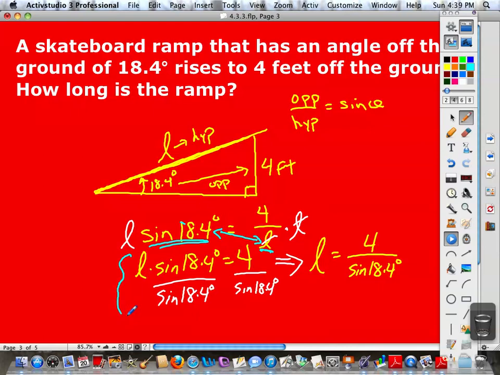So now it's simply a matter of going to the calculator. 4 divided by sine 18.4 degrees. And the length of my ramp is approximately 12.67 feet. So again, another application of the trig.